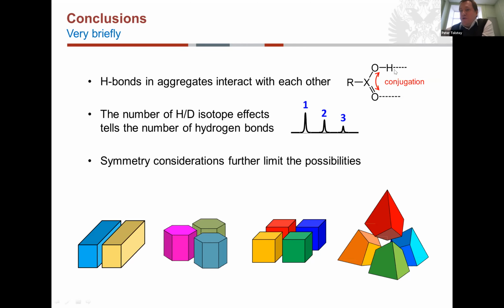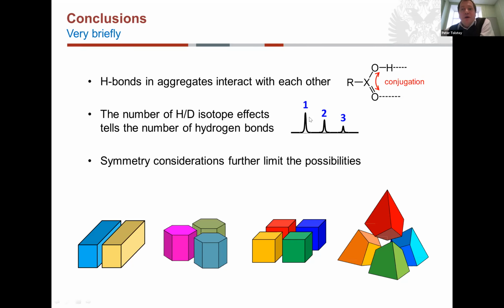Whatever happens with the proton donor changes the electronic structure of the molecule, however small, and this change is propagated through the conjugation bonds and changes the proton accepting site, affecting the neighboring hydrogen bonds. So all hydrogen bonds are kind of interacting, talking to each other, feeling each other.